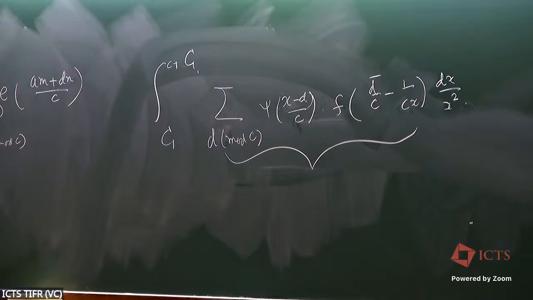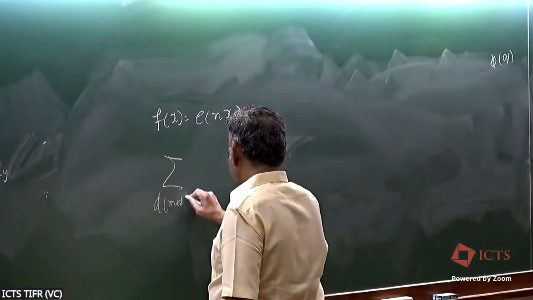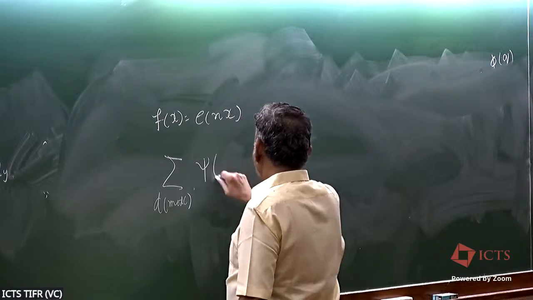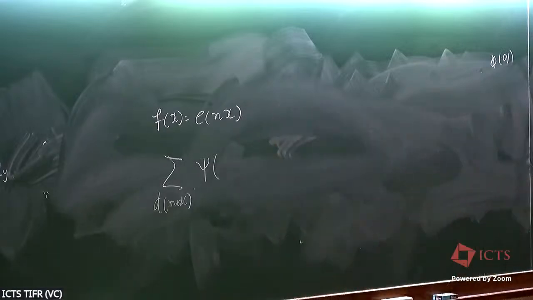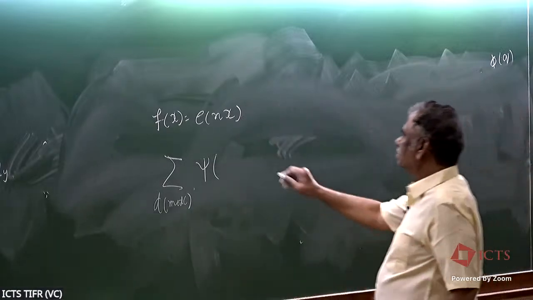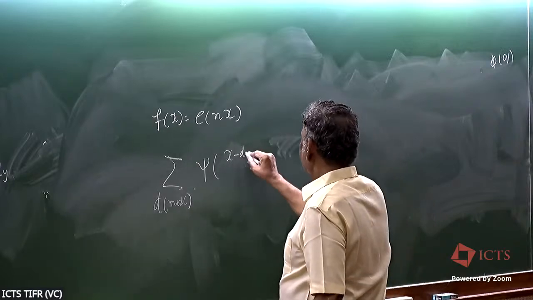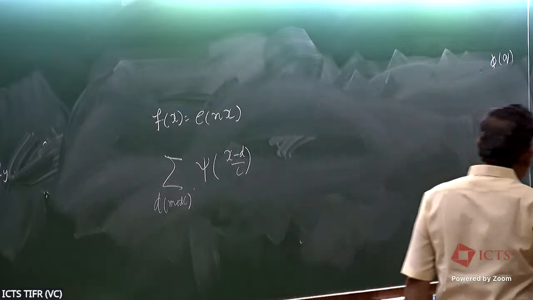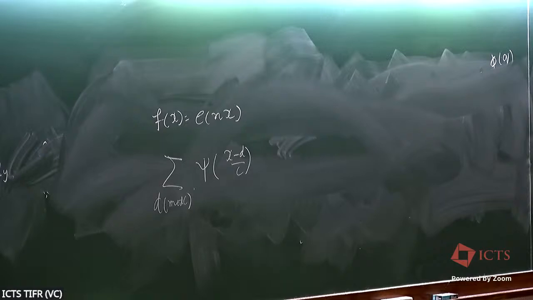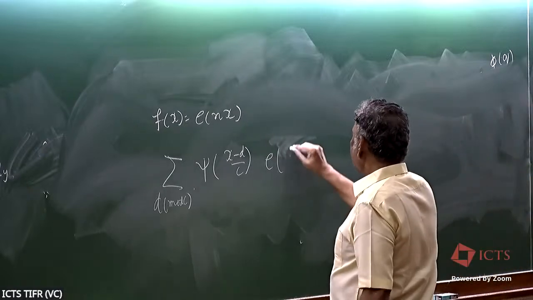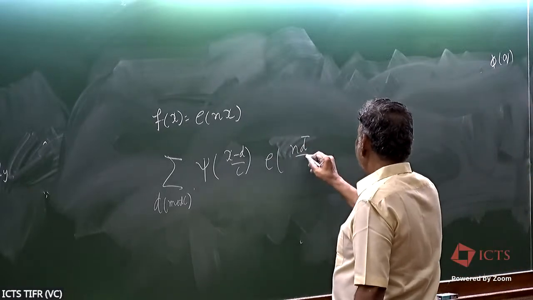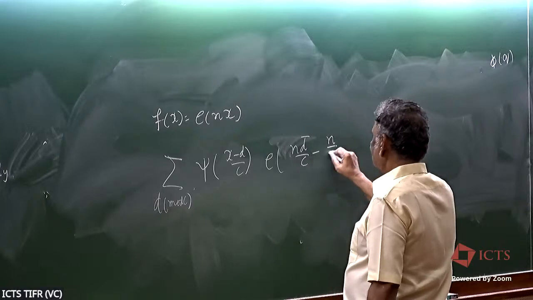And now, therefore, that summation is congruent to the summation over d modulo c of psi of x minus d by c into e of (n d bar by c minus n over c x).